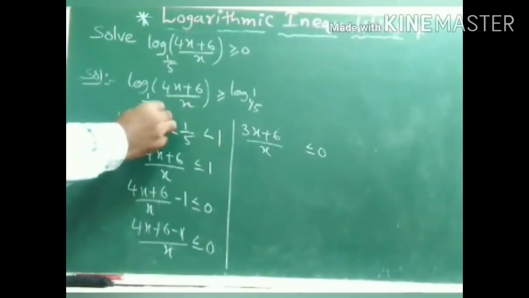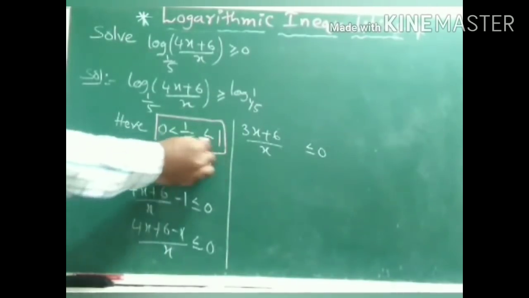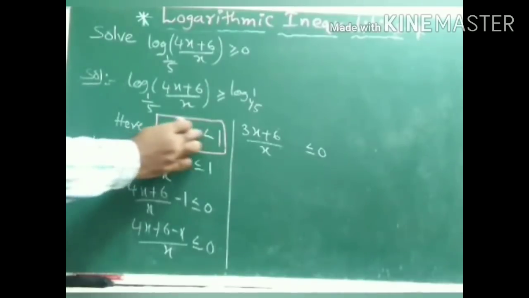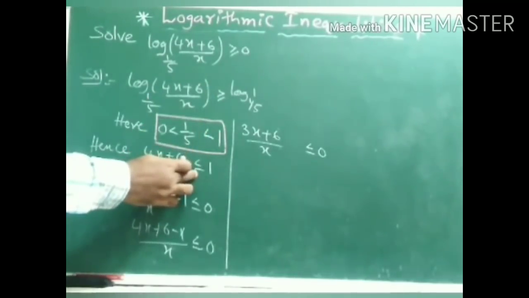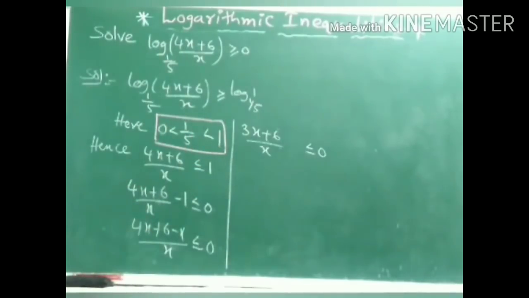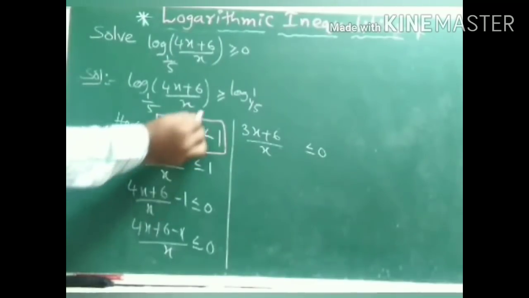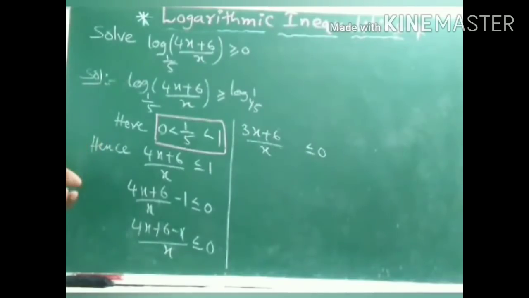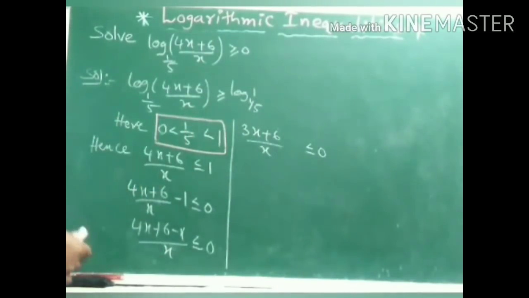Now, please observe that here the base, 1/5, is 0 point something, which lies between 0 and 1. Because the base lies between 0 and 1, the inequality gets reversed according to the properties. Hence I can say (4x + 6)/x is less than or equal to 1, since the inequality gets reversed.